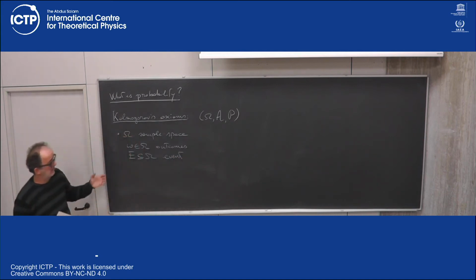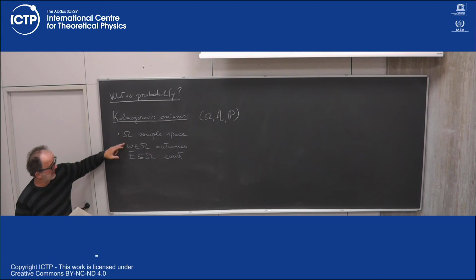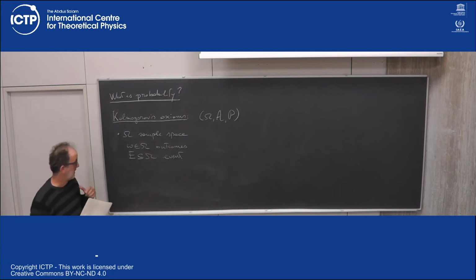So we will say that in a probabilistic setting, one of these outcomes will realize, and if this outcome belongs to the set E, then the event E will occur, otherwise it will not occur. Okay?